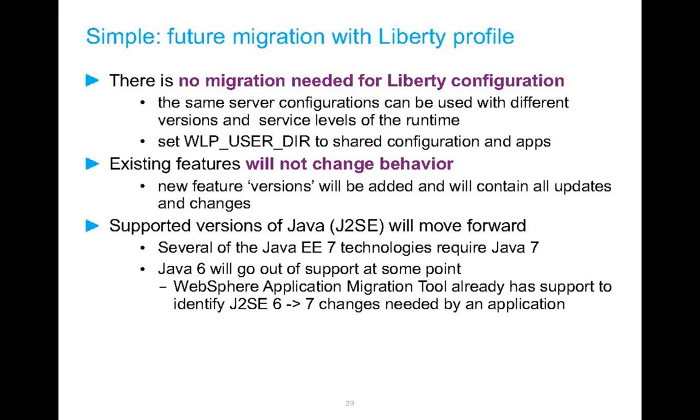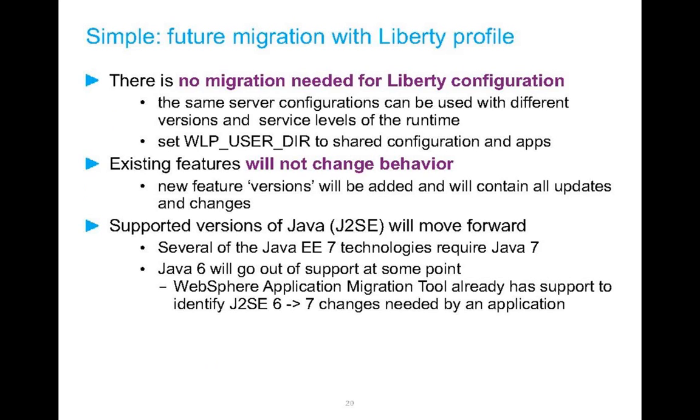Existing features will not change behavior. So that is the second thing. If you have a feature, say JSP, most of the time these features are backward compatible, but sometimes there are some changes that happen which break that. This causes an issue with running your old apps in new versions of the app server, so then you'll have to run the app migration tool. With Liberty, the features will not change behavior.